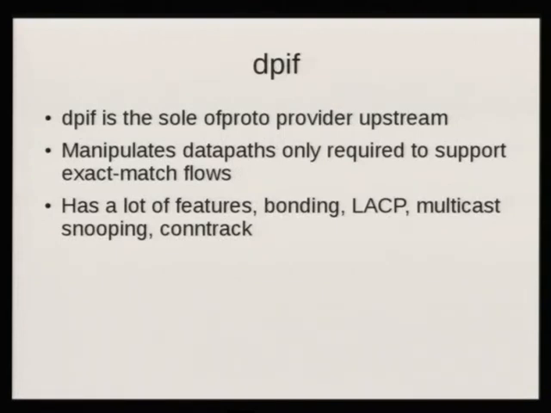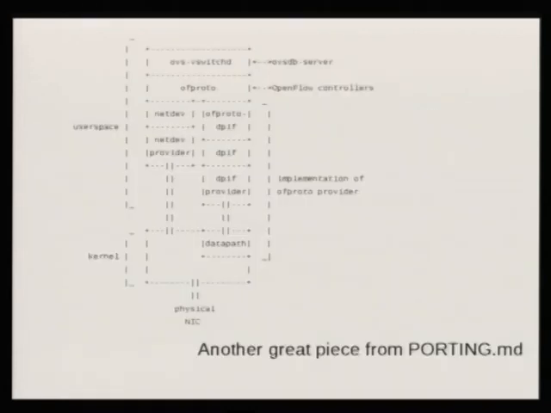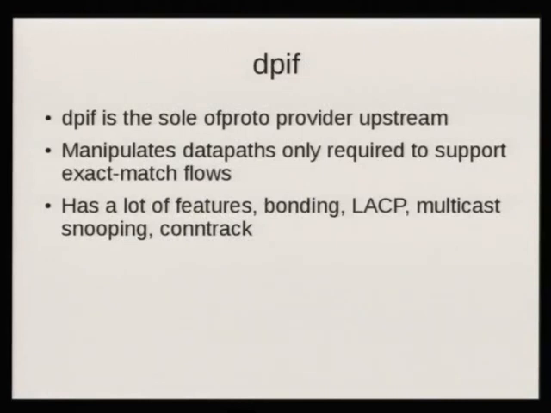And one of the advantages of using that is the number of features that you have. For example, bonding, LACP, multicast snooping, conntrack, all of that is available if you're using DPIF. If you are going to write a new OF Proto, you're going to do that all by yourself. Okay? So these set of features here, and a lot more features are only available if you're using DPIF.